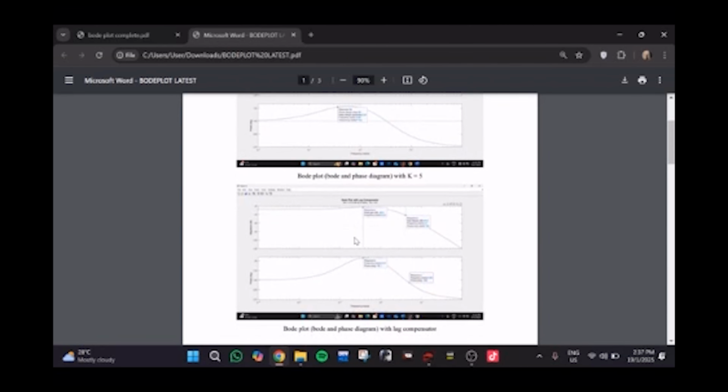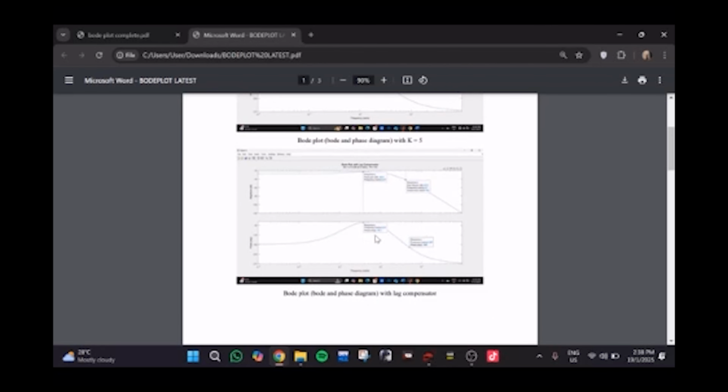Next, plot the phase diagram when K is equal to 5. So here we change K to 5. We get peak gain negative 23.1, frequency 0.37, gain margin 41.8, frequency we get 4.1, closed loop.